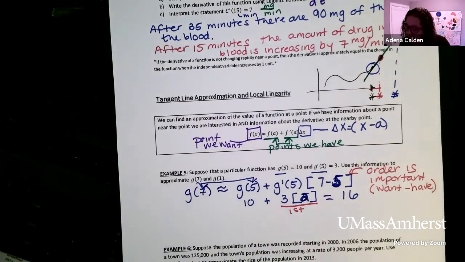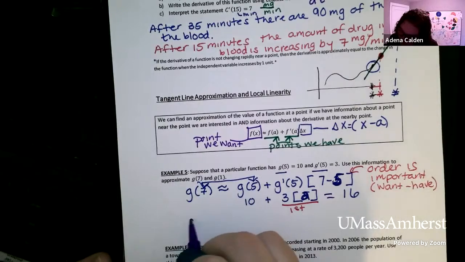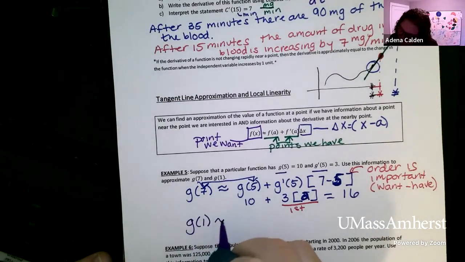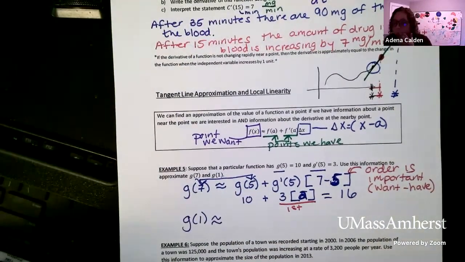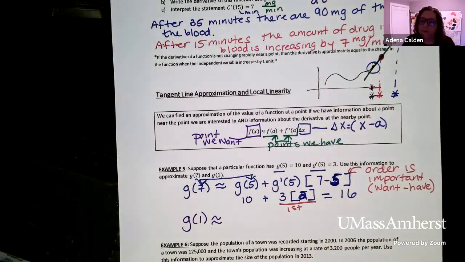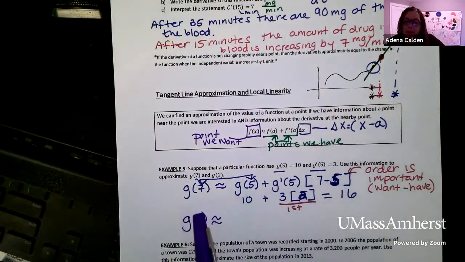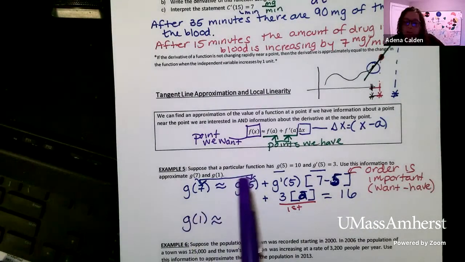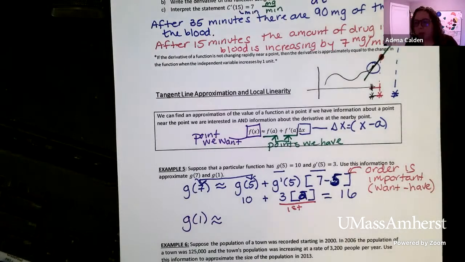Okay, so I want you to try g of 1. So you're going to set it up the same way, okay, with the information we have, which is g of 5 and g prime of 5. And then we're multiplying by the number we want minus the number we have, and then we'll crunch that number.